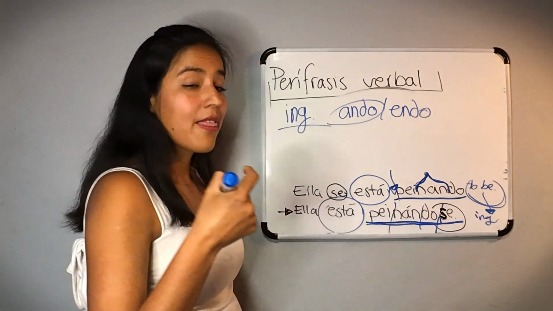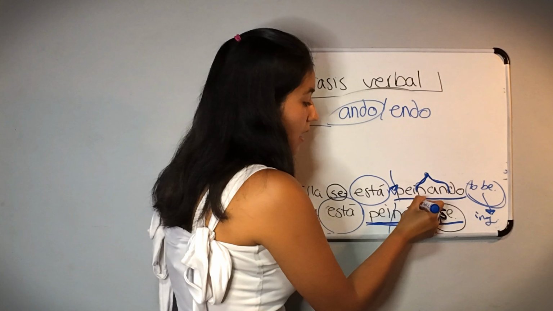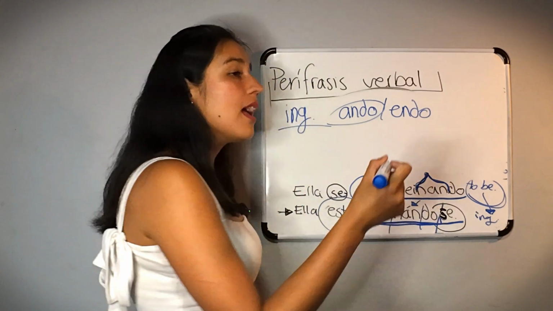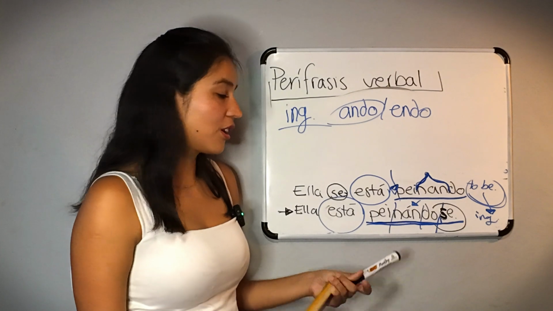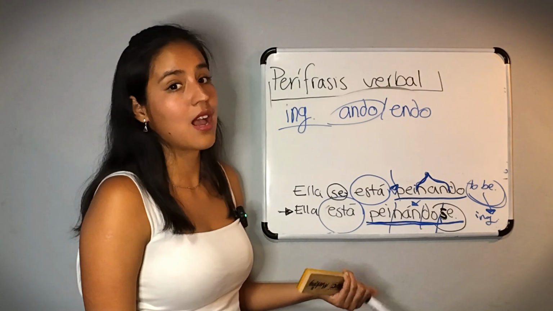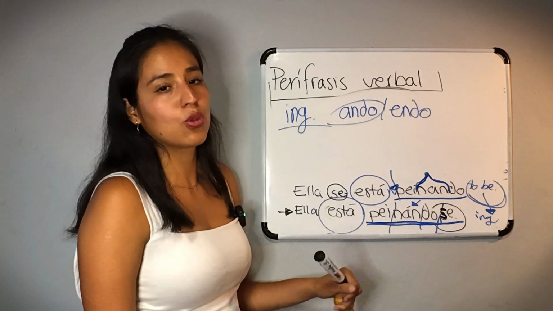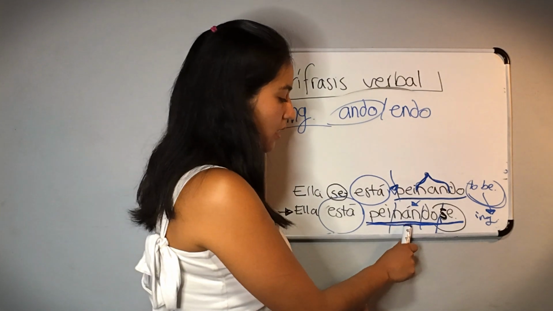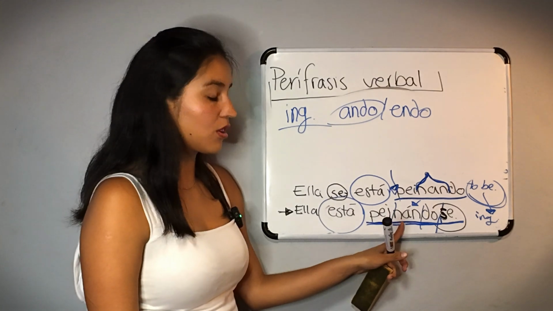And now the strong syllable is gonna be none. And if you love grammar just as much as I do, you are gonna know that this has to have an accent. Yeah? This is called una palabra esdrújula because it has the accent in here. Okay? Peinándose. It's strong in here.